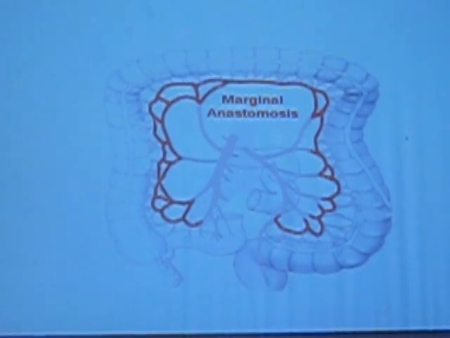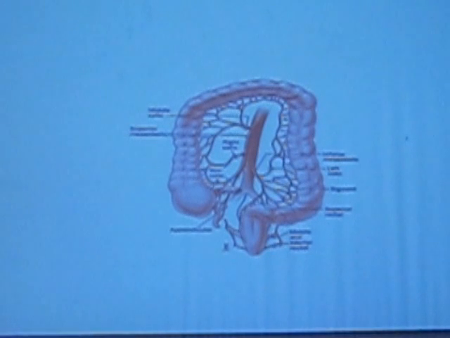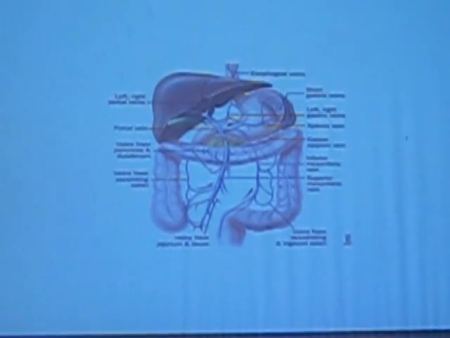Regarding the portal systemic anastomosis, this is the portal vein, which is formed by the splenic vein and the superior mesenteric vein. The inferior mesenteric vein doesn't open into the portal vein.